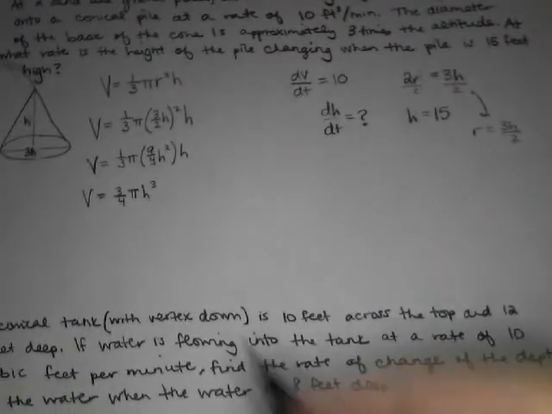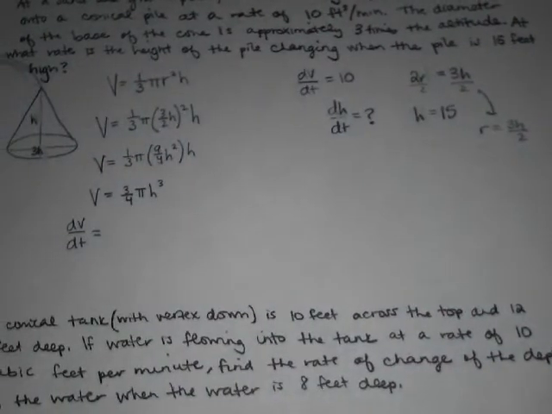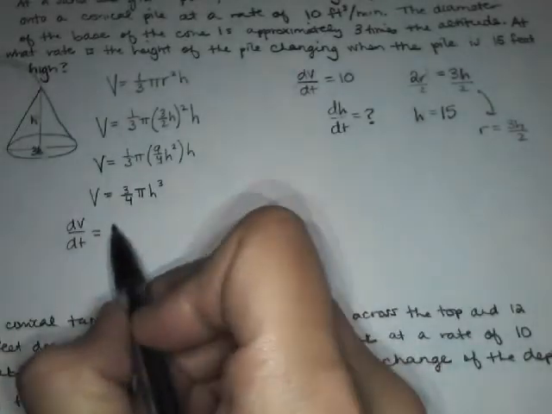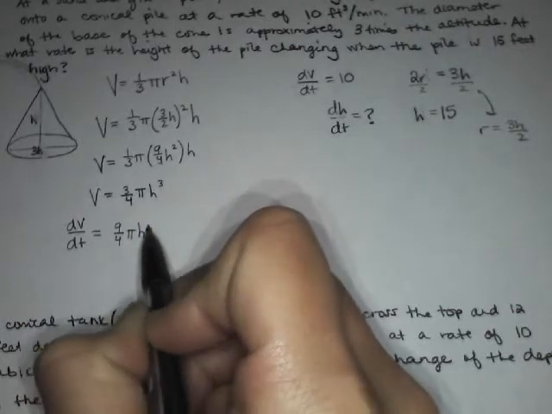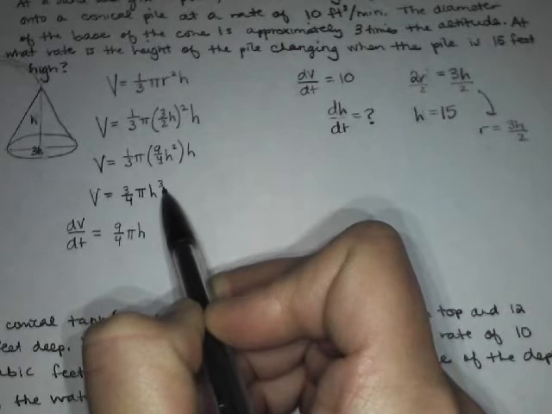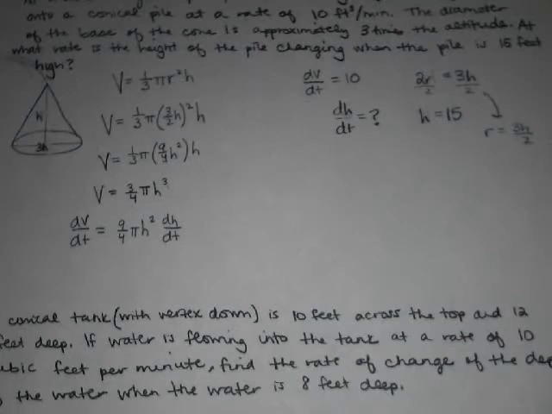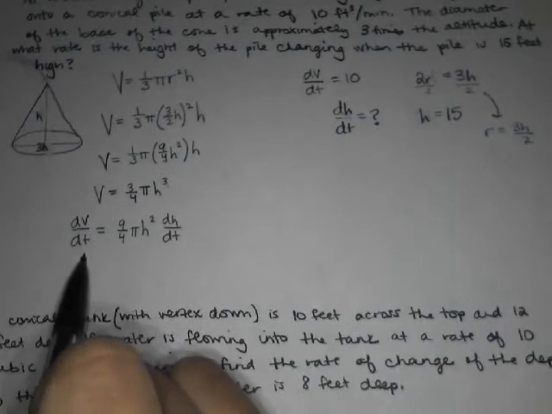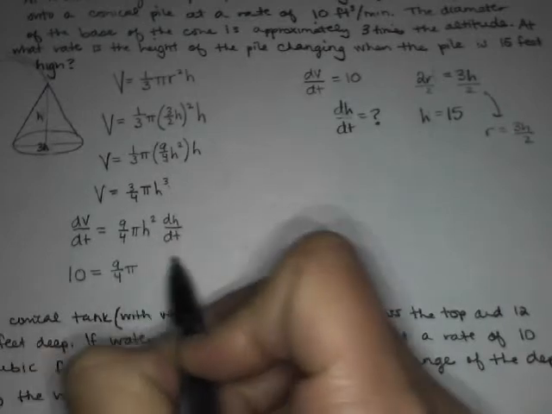So on the left-hand side I have dV/dt. And what's going to happen on the right? Power rule, which is going to make what? You've got to drop that by degree of 1 though. H squared, and then your dH/dt. Good. So we do know that dV/dt is 10. What's our h?